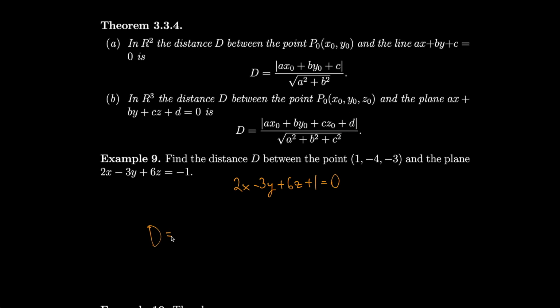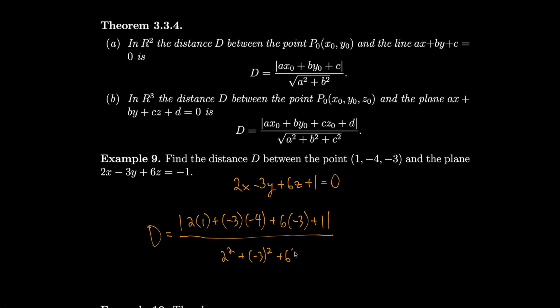So I'll get the distance d is the absolute value of 2 times 1 plus negative 3 times negative 4 plus 6 times negative 3 plus 1, divided by the square root of 2 squared plus minus 3 squared plus 6 squared. And that's the absolute value of minus 3 over 7, so it's 3/7.